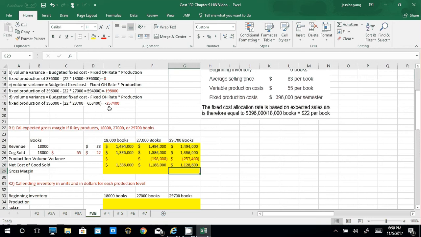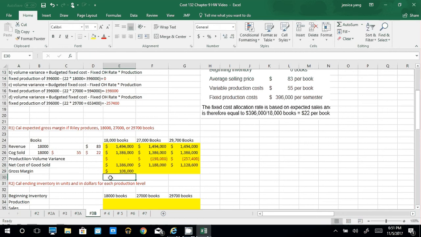Now to find gross margin, I would take my revenue, $1,494,000, and subtract my net cost of goods sold, $1,386,000.